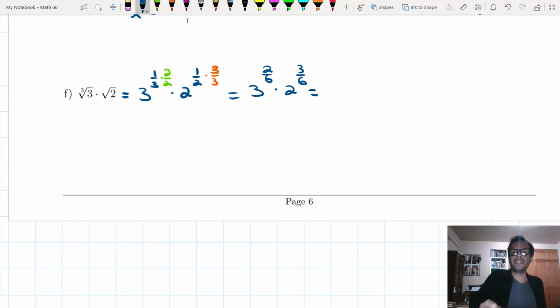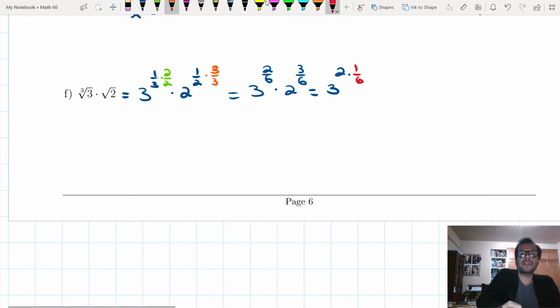Keep in mind that the power right here, 2 divided by 6, is the same as saying 3 to the 2, using a different color here, to the times 1/6. And same here, 3 divided by 6 is the same as saying 2 to the 3 times 1/6, right?